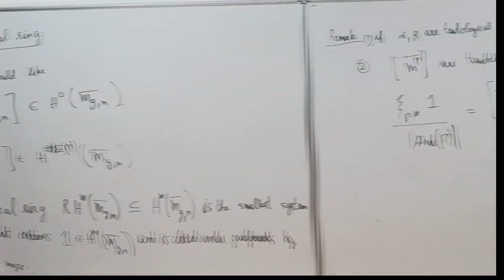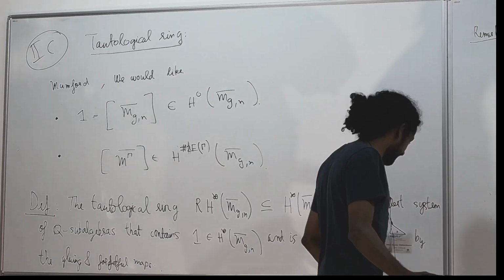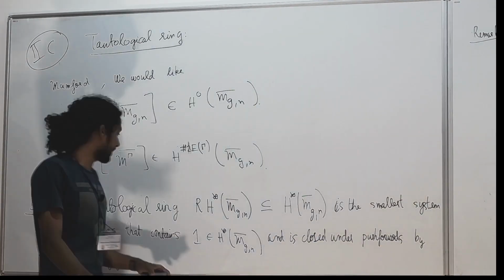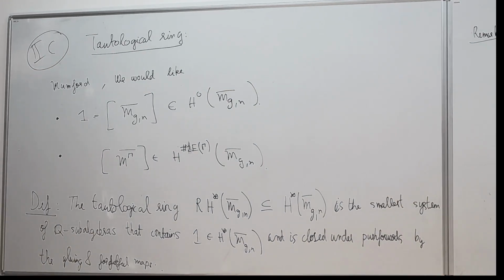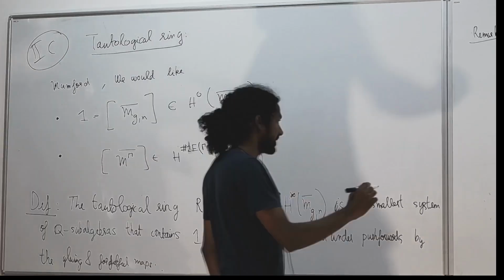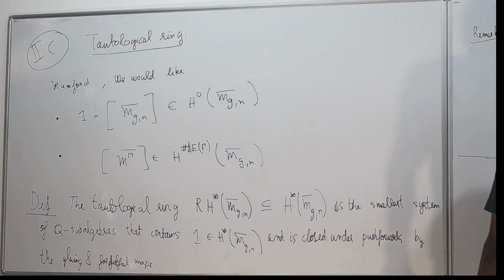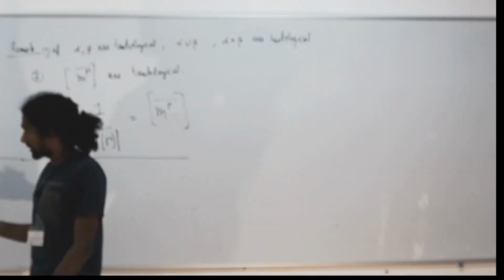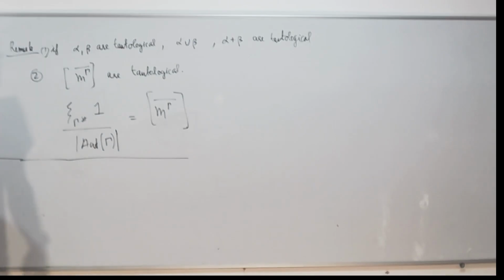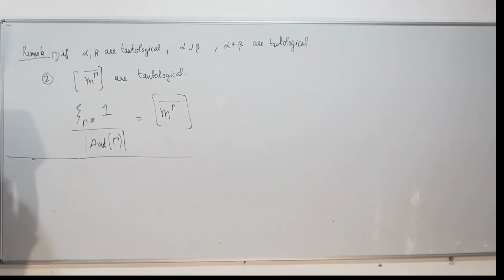But actually, the whole point was that if you restrict to the subring of the tautological ring, you can do things explicitly, and you know much more about its structure. Okay, and in fact, that's true. It's just not obvious from the definition. In fact, what we can do is find a basis of generators for the tautological ring. Okay, that's what I'll talk about next.